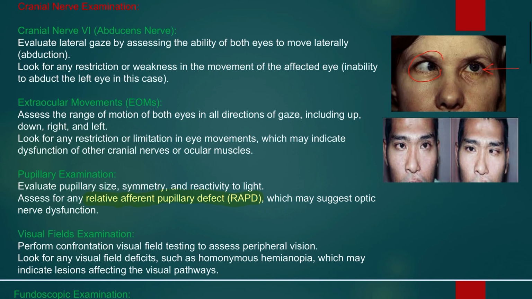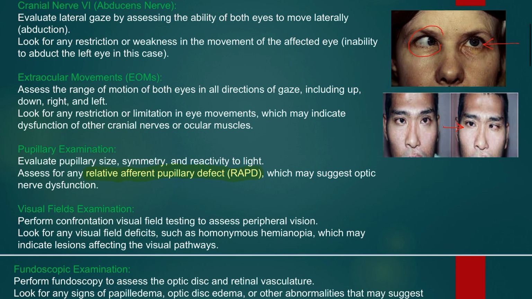Here is another example. Looking straight is okay. Both eyes are in the middle, but when the patient is asked to look towards the right side, you can see that the left eye can move medially. However, the right eye is unable to abduct. So this is most likely a 6th nerve palsy.